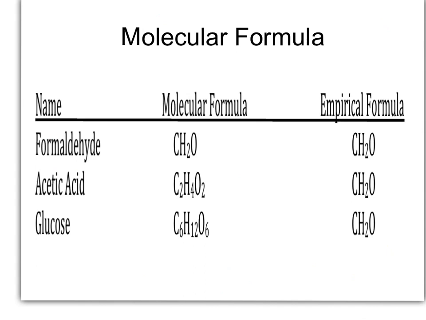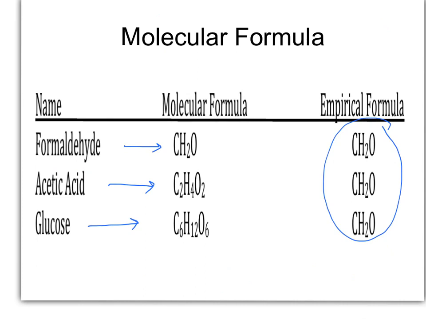So in this chart, we have 3 different compounds, formaldehyde, acetic acid, and glucose, and they have different molecular formulas, actual formulas. Formaldehyde is CH2O, acetic acid is C2H4O2, and glucose is C6H12O6. Notice that they have the same empirical formula, the same simple ratio of atoms, but their molecular formulas are different.